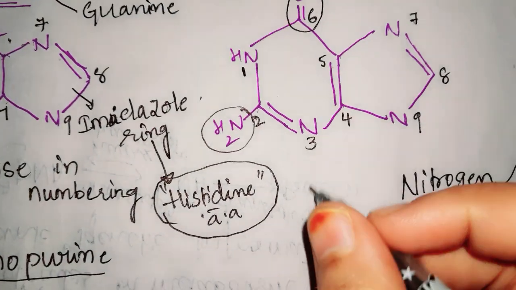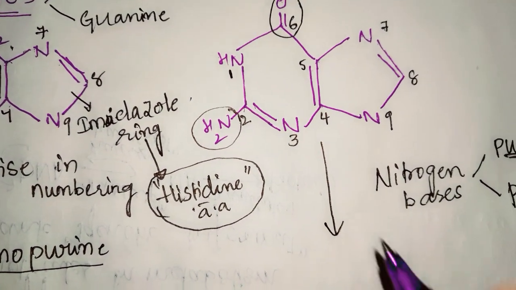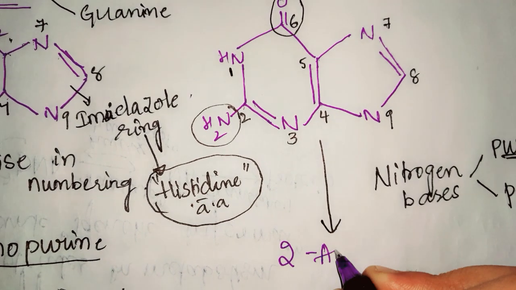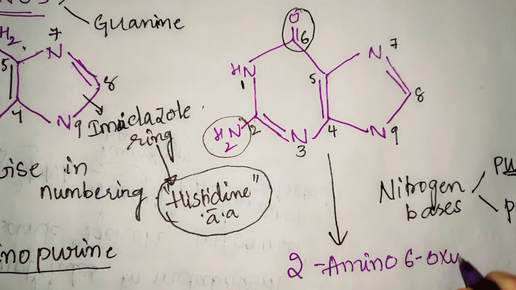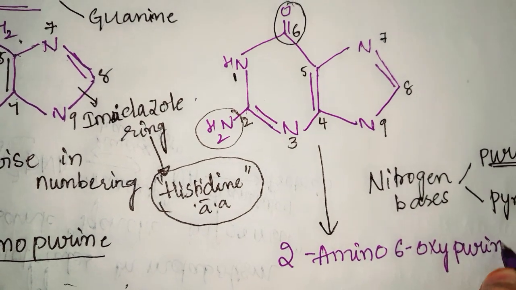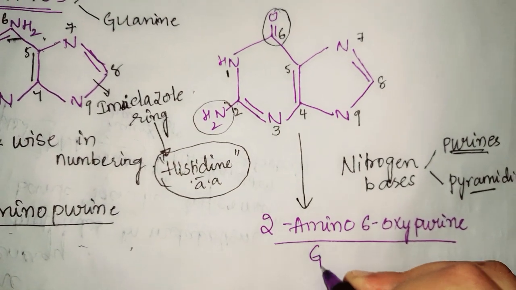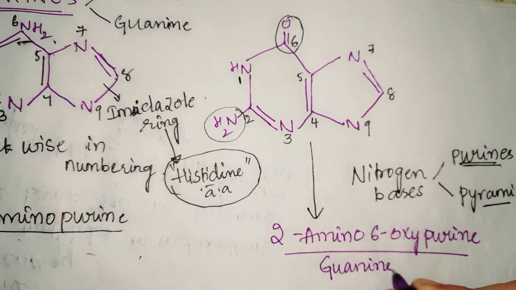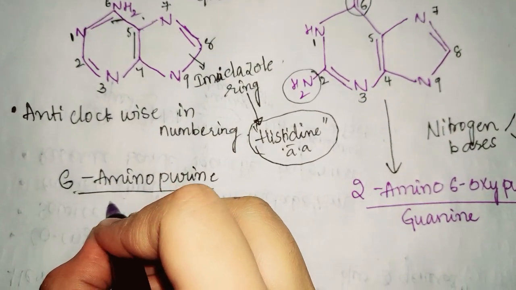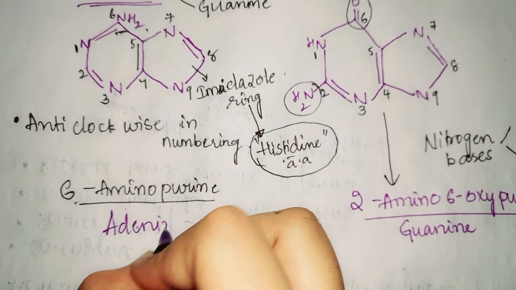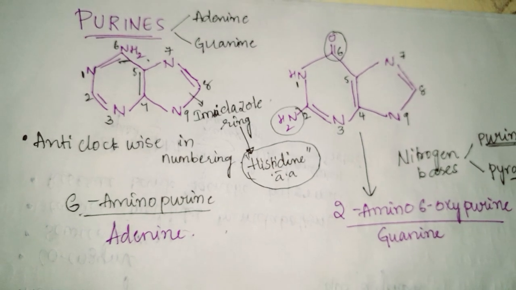So we write the name accordingly: 2 amino, 6 oxy purine. This is the actual name of the structure, but we call it guanine. In another term we call 6 amino purine adenine. So these are the purine structures and their names.